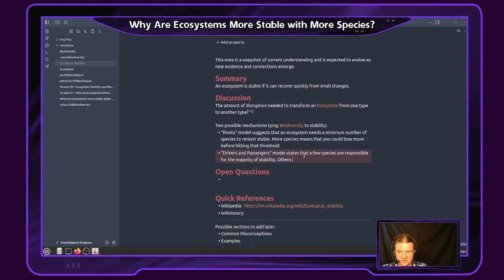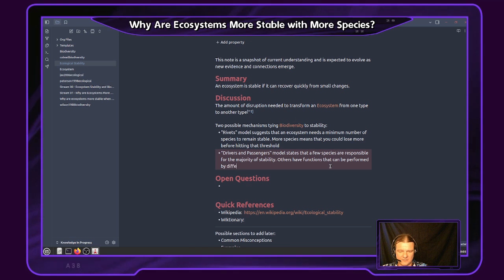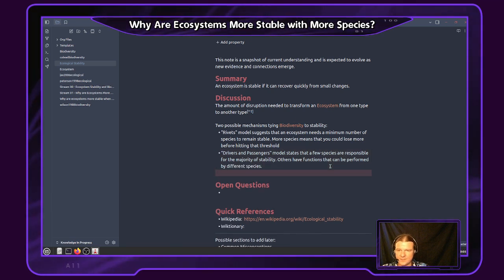Others have functions that can be performed by different species. And we should also footnote these. And we can just click on the same Peterson footnote here, because they're all coming off the same source.